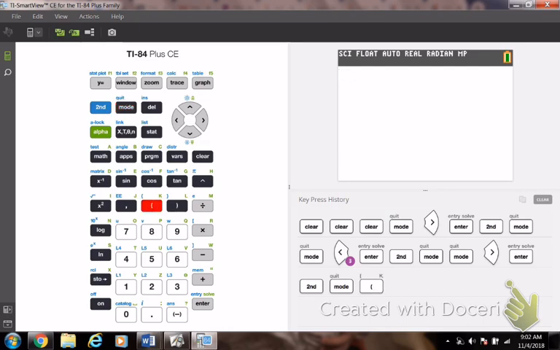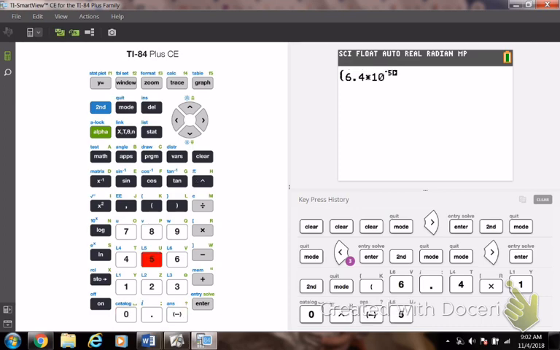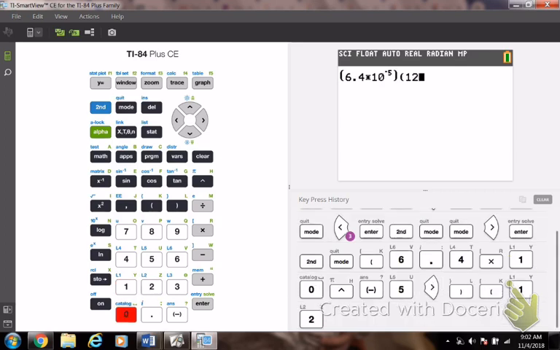So we had, it was in parentheses, we keep it in parentheses, 6.4 times 10, use your caret key for the negative 5, arrow over to get out of the exponent, close your parentheses, and times 12,000. Close parentheses, hit enter.